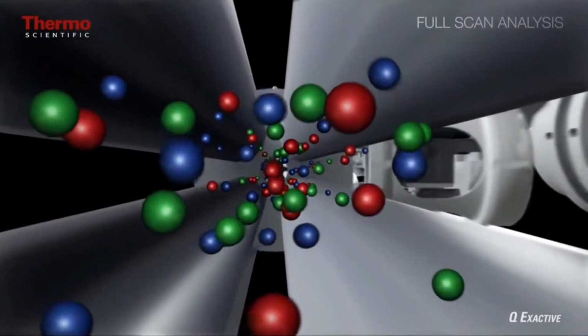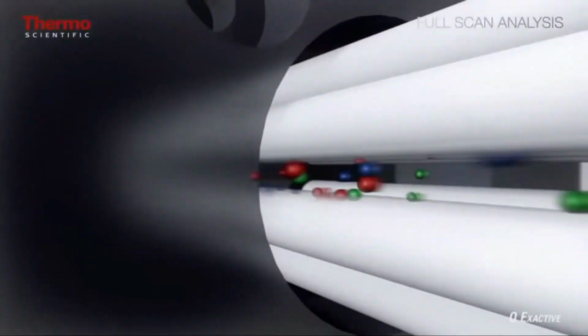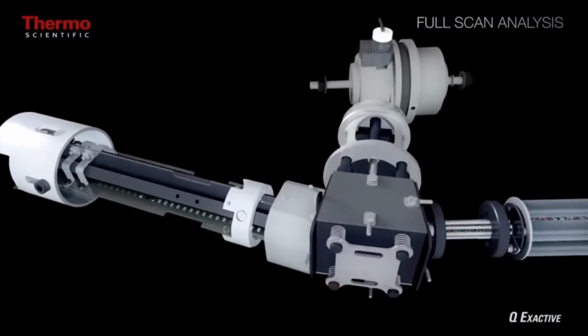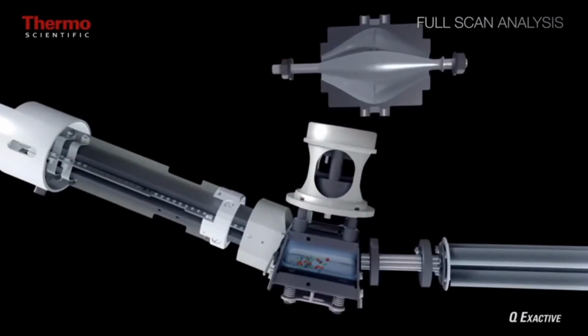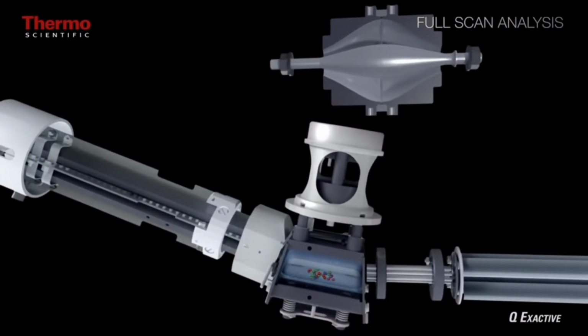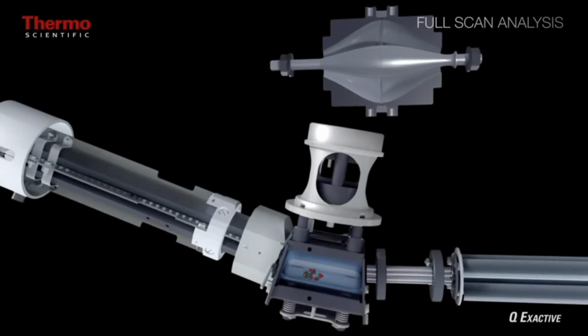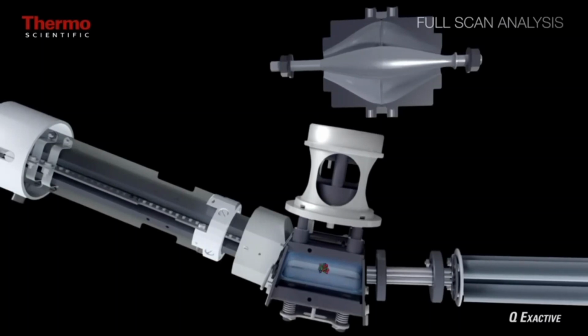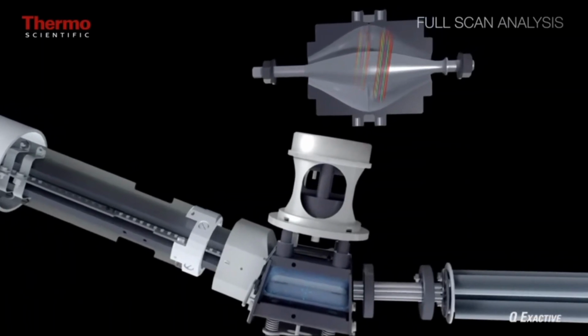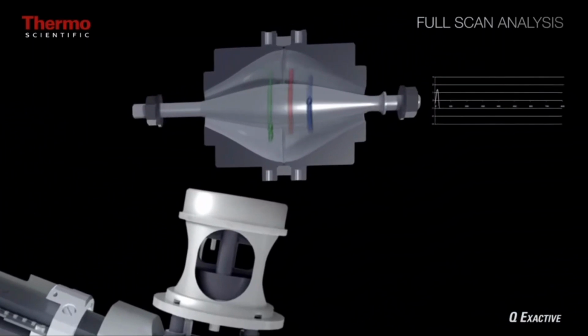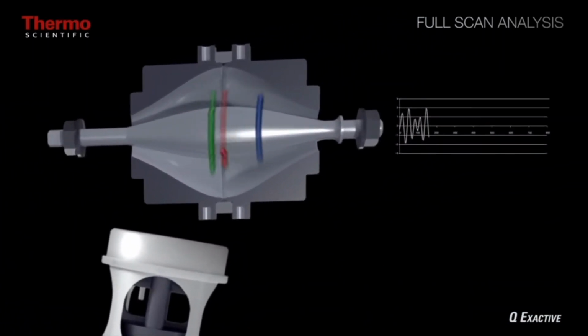Now at this point you can choose different M over Z ranges that you would actually like to submit for further analyses. The length of time that you collect these ions, this is a parameter that you could experiment with. And then these will be submitted to the Orbitrap momentarily, where we'll actually be able to get the M over Z ratios of these precursor ions.